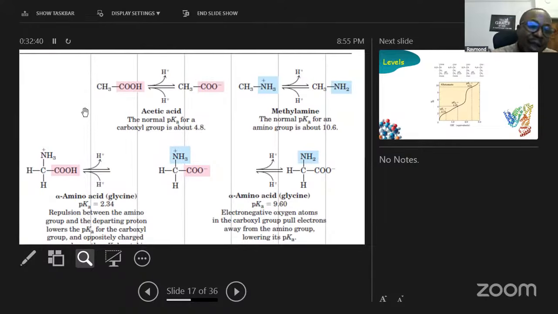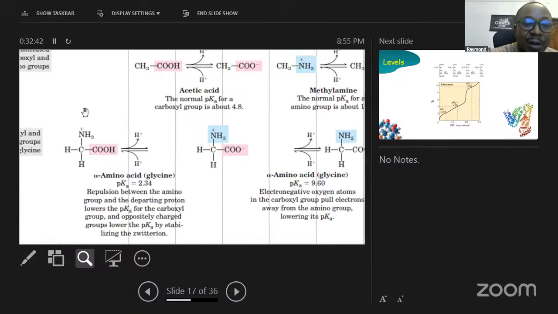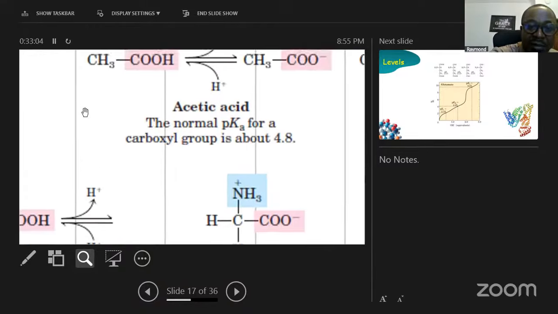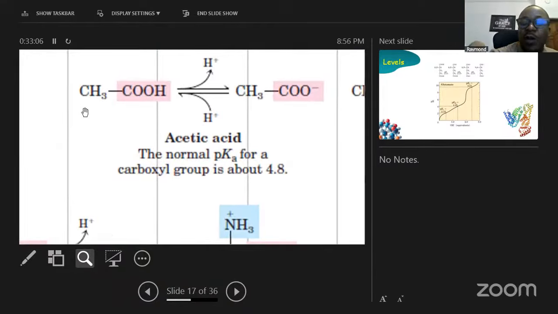But the pKa of the carboxylic group in an amino acid is reduced, which is 2.34. So you can see that when they are present in an amino acid, they easily give out their hydrogen. But when they are not in an amino acid form, as in acetic acid, they will hardly give out their hydrogen.